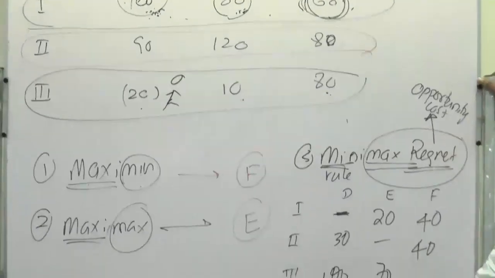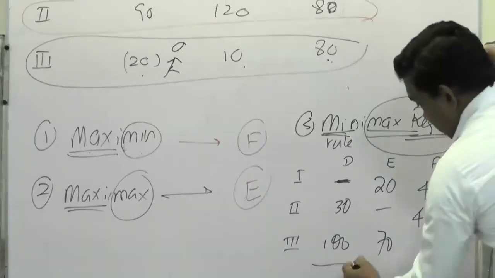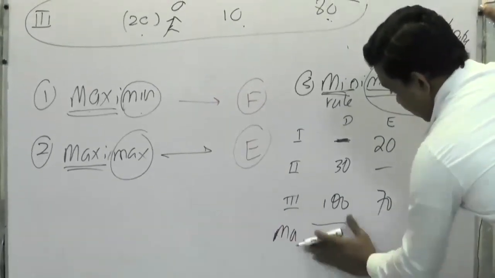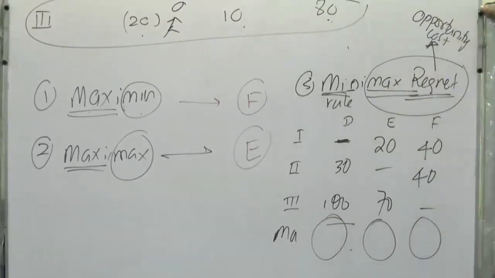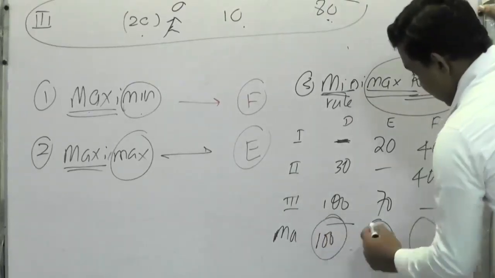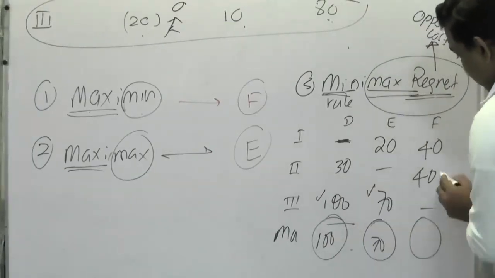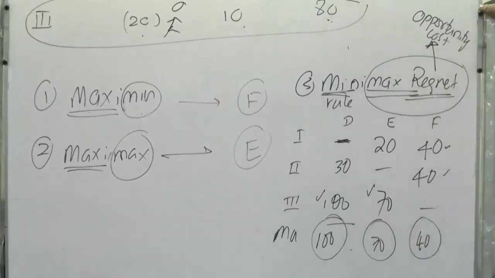Now you calculate regret. Now select the maximum regret. This is not the total, you will select the maximum regret of each project. The maximum regret of each project: here 100, here 70, because this is the maximum, here 40, right?